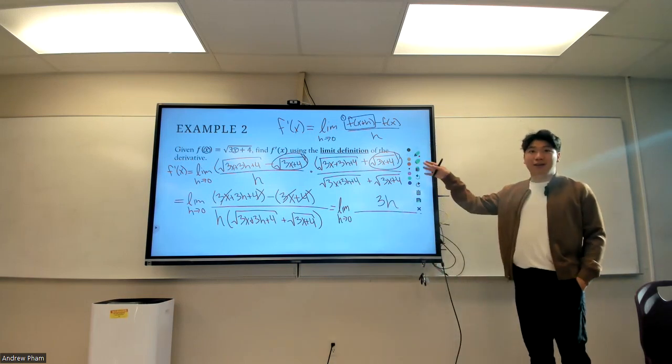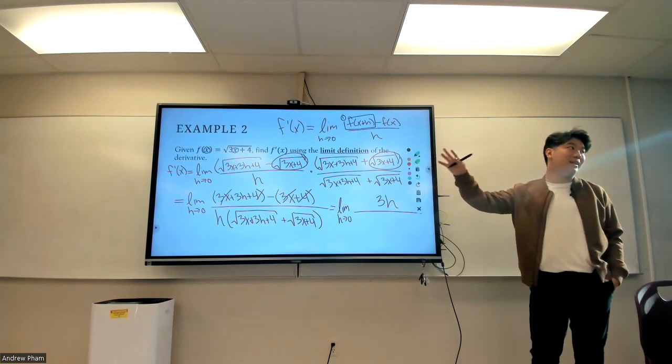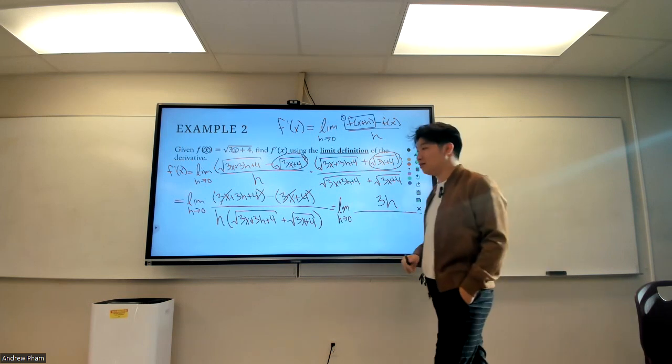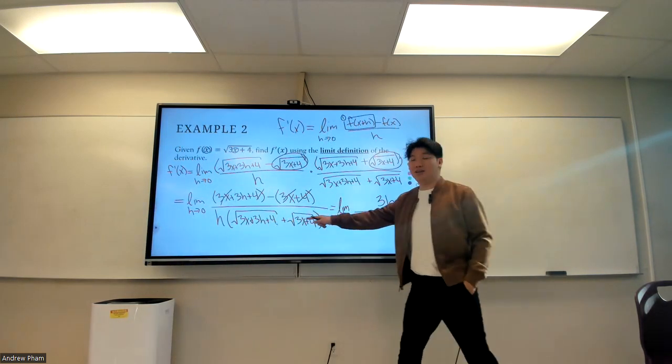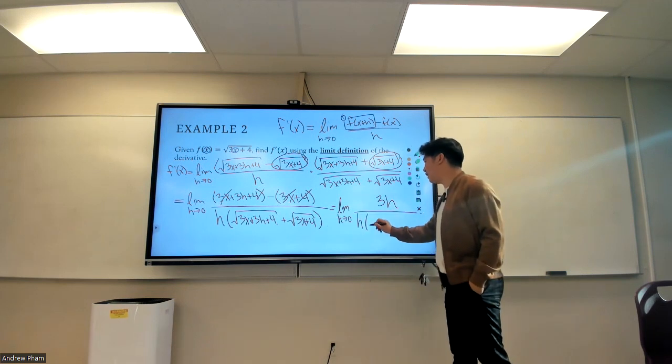So in other words, by doing this algebra trick, I changed those ugly square roots on top to be a 3h. On the bottom, I'm going to leave it alone for now because I have h times, once again, that terrible looking square root.